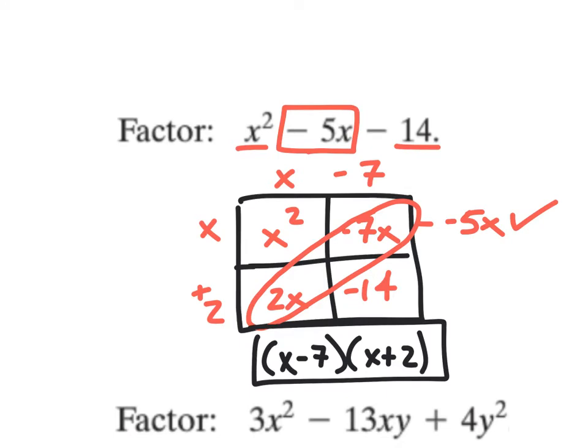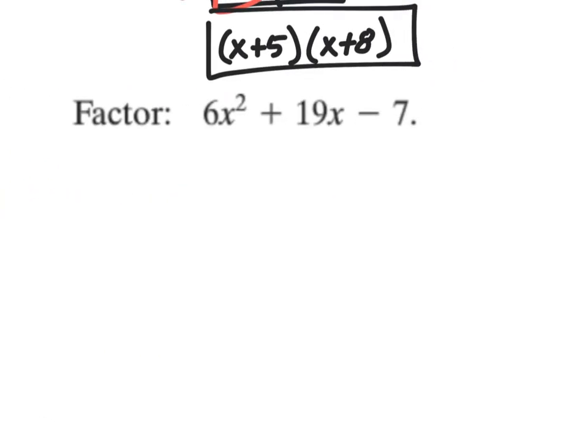All right, now let's take a look at the next one. This one's a little bit different because you have a leading coefficient of 6. It's still a trinomial, but it's a little bit different. So let's take a look at what we got. I'm just going to draw my box, and this might be some guess and check.